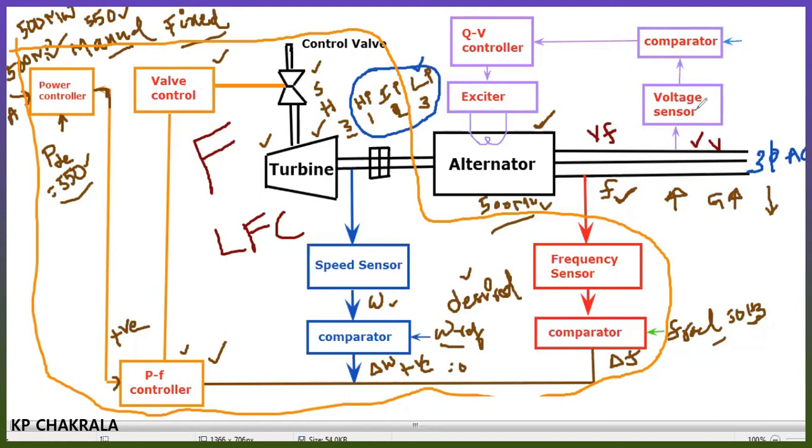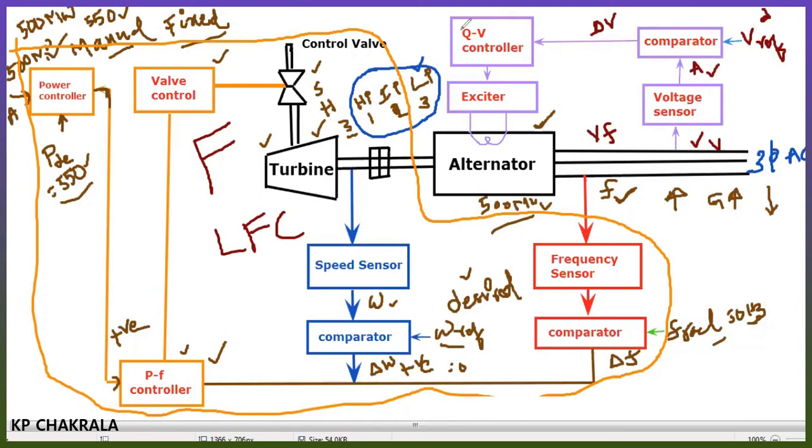The voltage sensor will measure the voltage of the output of the alternator, and the actual voltage will be fed to the comparator and compared with the V reference. So actually what voltage has to be maintained is the V reference or V desired. So V desired and the actual will be compared, and there will be some error delta V, and it is fed to the QV controller.